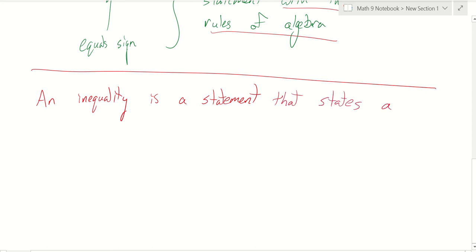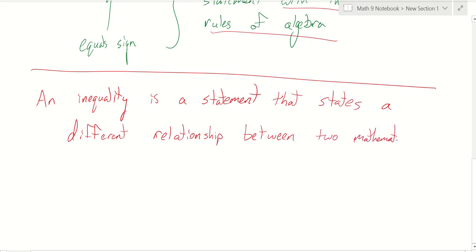It states a different relationship between two mathematical objects. So let me write out the full word here for clarity's sake. An inequality is a statement that states a different relationship between two mathematical objects.